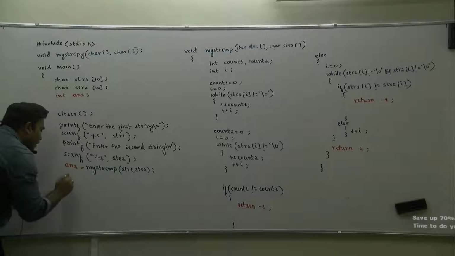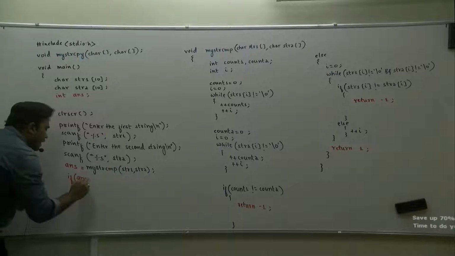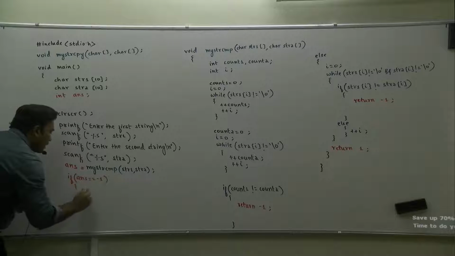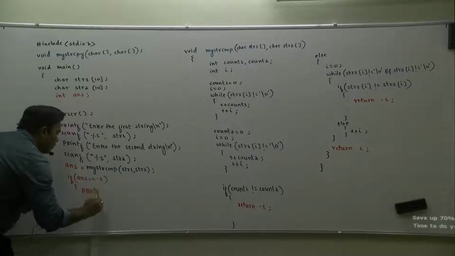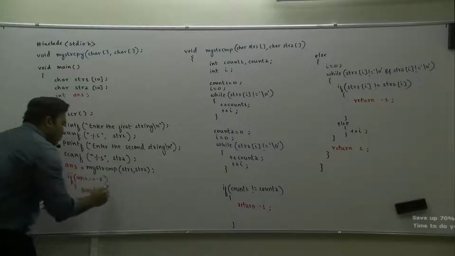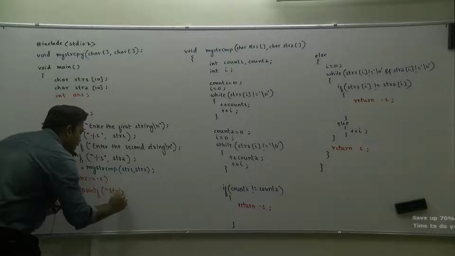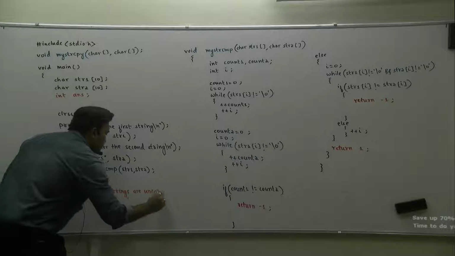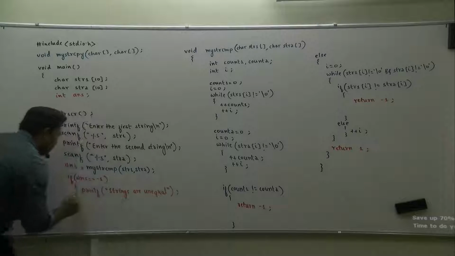Hence I will write here, if in case answer happens to be equal to -1, then I will print. You only know that if in case the answer is -1, then I have to print that strings are unequal. Otherwise I will print strings are equal.